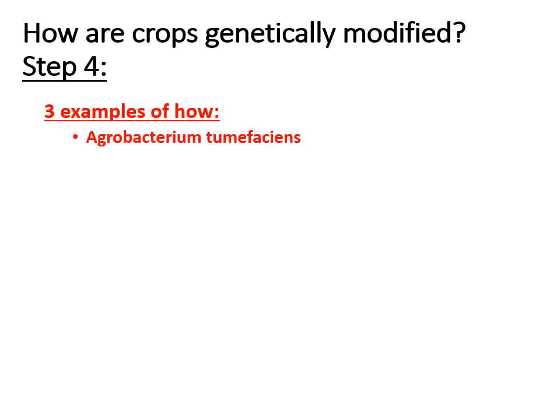So now the 3 ways that we can get these genetic modifications into the plant cell. The first one you've probably heard before, you usually cover that in lecture, and we're going to talk more about it in the next lab, is the Agrobacterium tumefaciens. And this is bacteria that infects plant cells, okay?